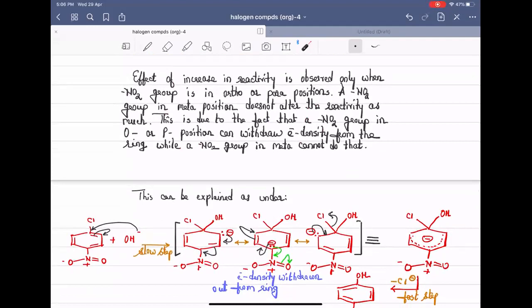Here, as I've written here, the effect of increase in reactivity is observed only when the nitro group is in ortho or para position. A nitro group in meta position does not alter the reactivity as much. This is due to the fact that a nitro group in ortho and para position can withdraw electron density from the ring, while a nitro in meta cannot easily do that.